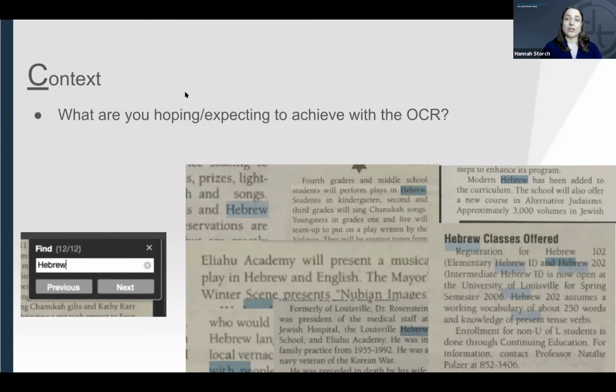And within that one 27-page PDF, the search software, which is just Adobe, found 12 instances throughout the 27 pages. So it was effective at finding the relevant information in a manner that was far more efficient than me manually going through and trying to identify the word Hebrew in 27 pages. In this case, the per letter accuracy was more important to this client than the absolute accuracy of the OCR.